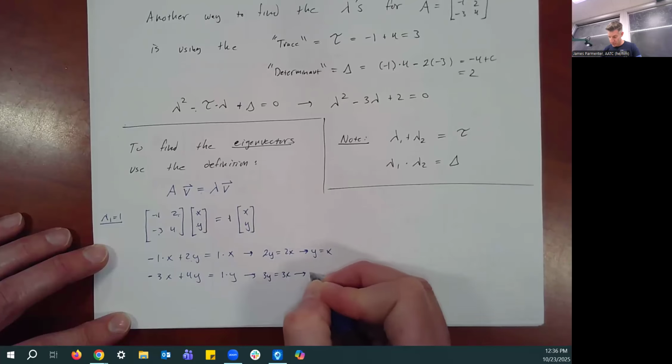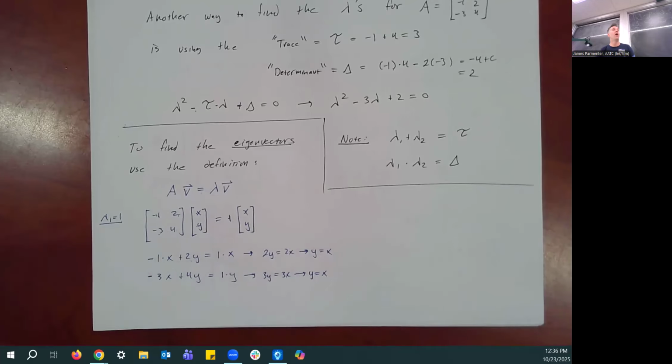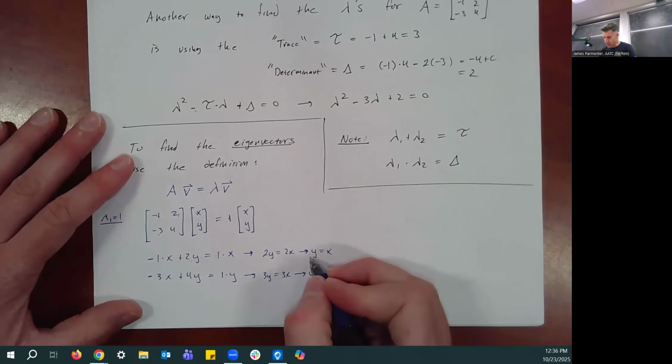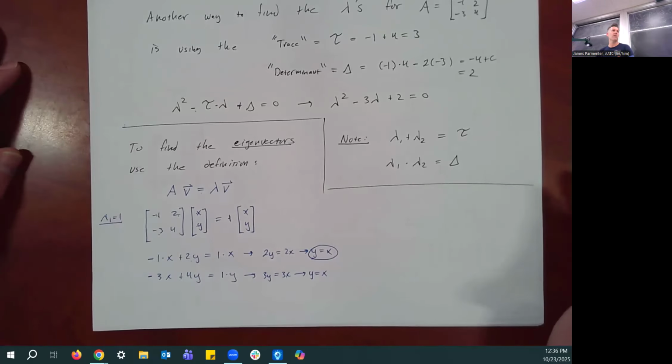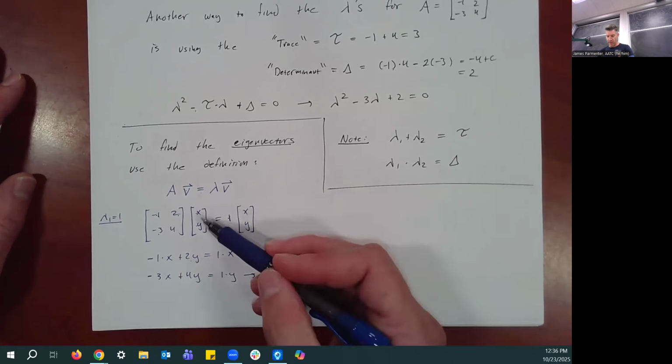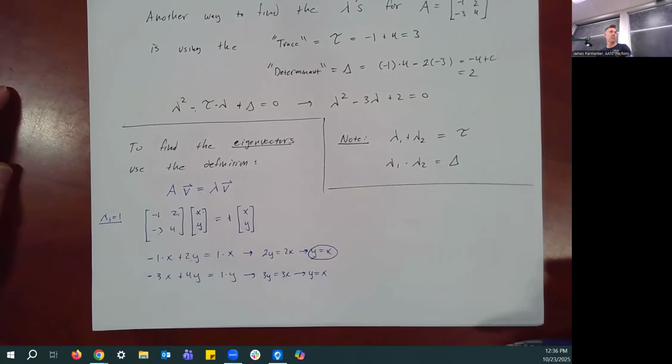I get the same relationship, y equal to x. All that to say, when you're finding the eigenvectors this way, you typically just need to look at one of the two equations that this matrix equation gives you. So here's the relationship between x and y. So what's my eigenvector? Well, my eigenvector is whatever x is, whatever y is.